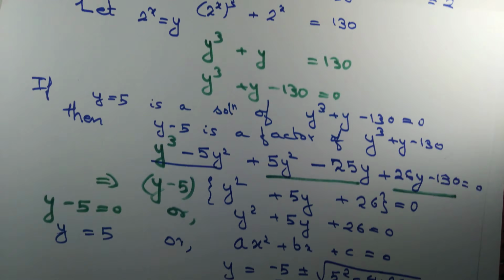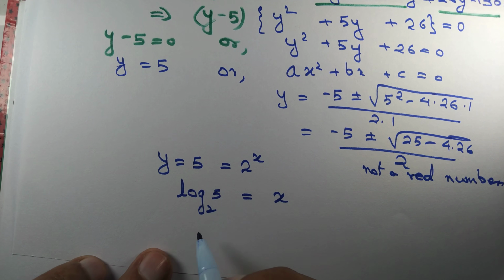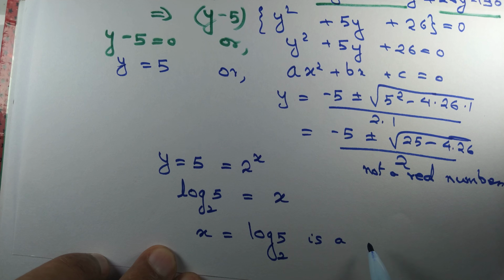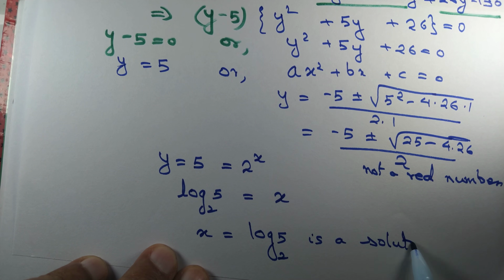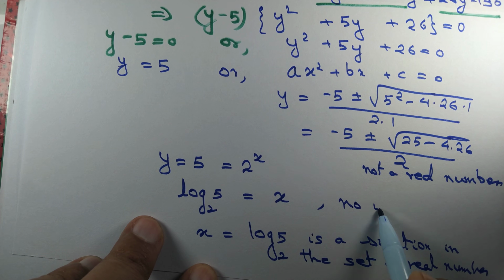The answer is there is no such positive integer, but we have a real number x. x equal to log of 5 with base 2 is a solution in R, in the set of real numbers, and if we are asked to find the integer solution, then our answer is no integer solution.